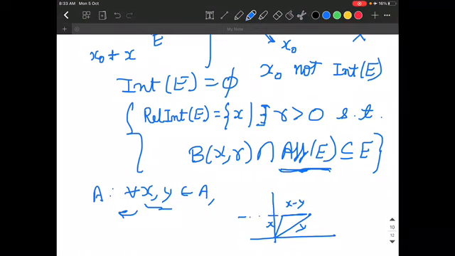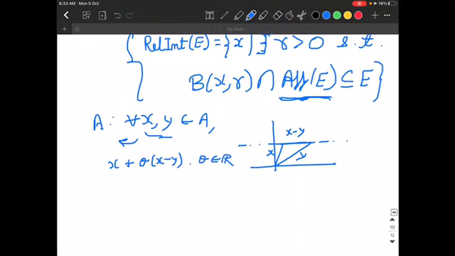This line passing through x and y can be written as x plus theta times (x minus y), where theta belongs to the set of real numbers.